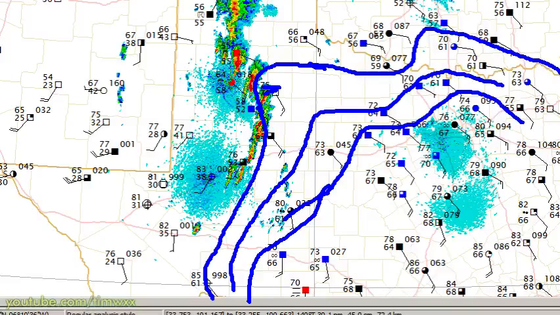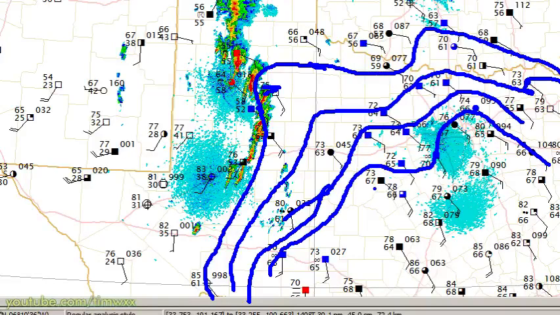So I'm developing a picture of what the moisture field looks like here. So 66 about there. And then we'll try to figure out where the moisture axis is. It appears to be a very broad axis, but I think we've probably got one little axis out here and then a secondary one out in the Brownwood Abilene area, kind of like that.